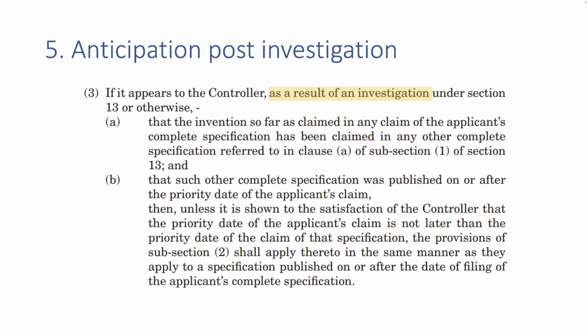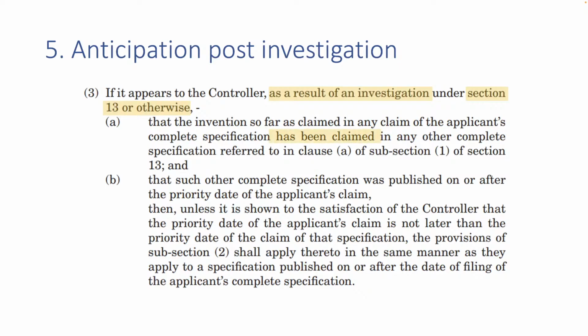Now, once there is a result of an investigation, and there is anticipation post investigation, we say that after the investigation under Section 13 or otherwise, there could be an anticipation under Section 13, and there could be anticipation in other cases as well.